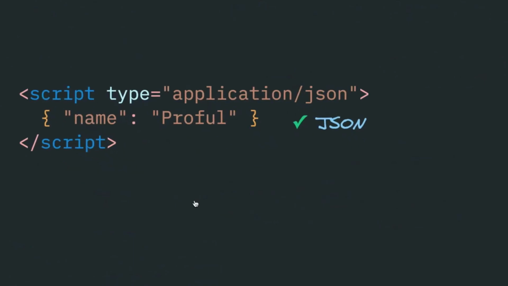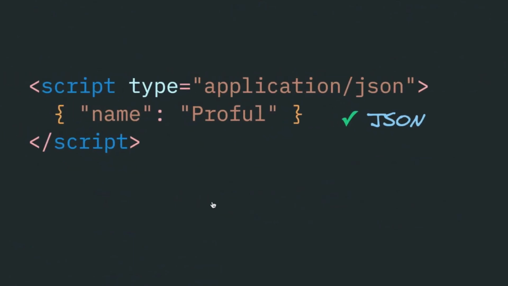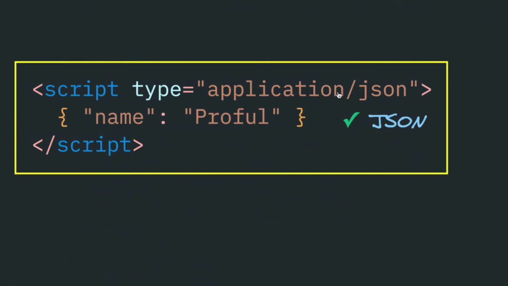Now, interestingly, this is not very common, and very few people know it. We can write an application/json type over here, and we can just put the JSON data inside the script tag. It's handy as a performance improvement.